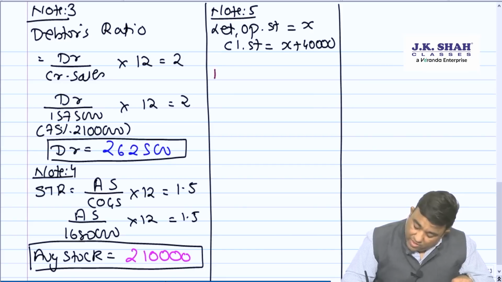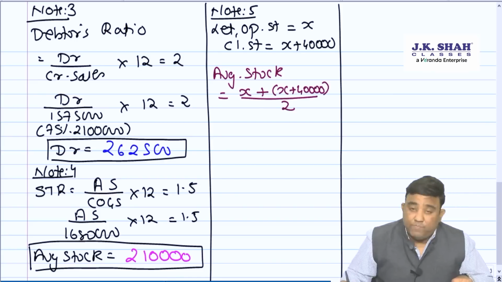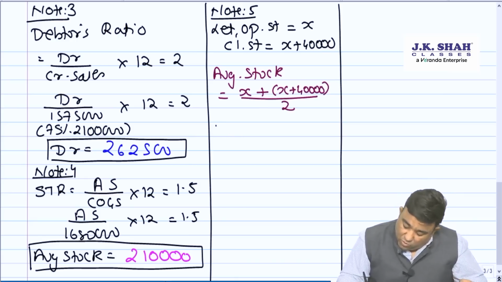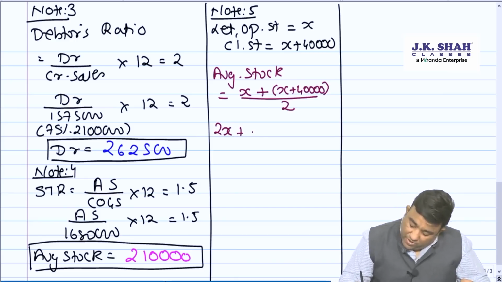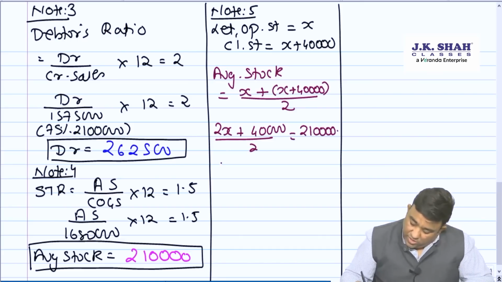Now, average stock is opening plus closing divided by 2, is it? Now, can I just open the bracket, 2x plus 40,000 divided by 2 equal to 2,10,000? So, can I just compute x? So, x equal to 1,90,000.